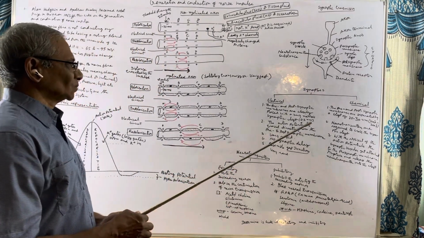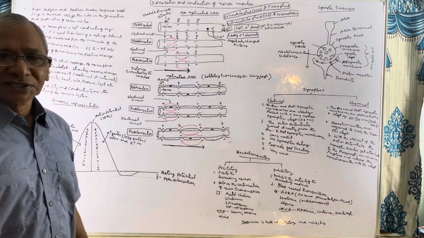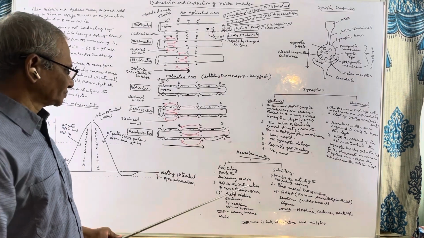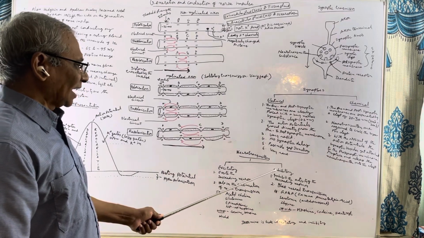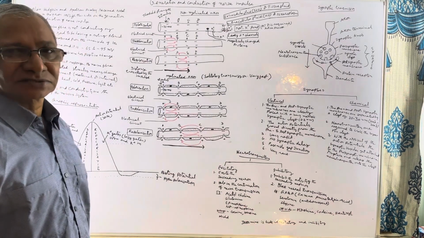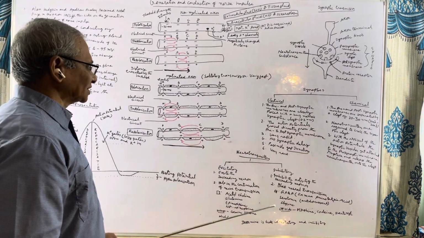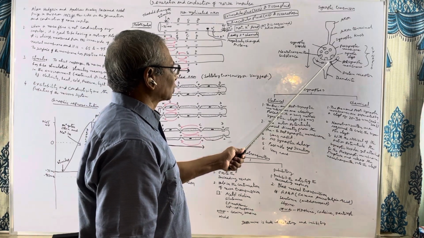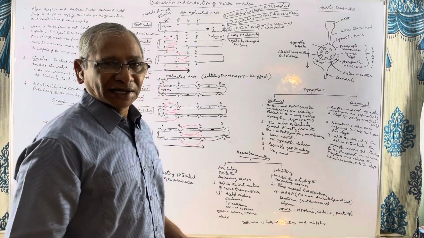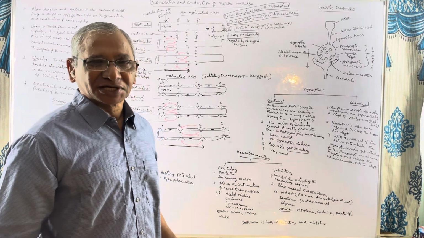Then, coming to the neurotransmitters, these are again two types: excitatory neurotransmitters and inhibitory neurotransmitters. The excitatory neurotransmitters excite or stimulate the postsynaptic membrane, and as a result, the action potentials are generated and they are transmitted.